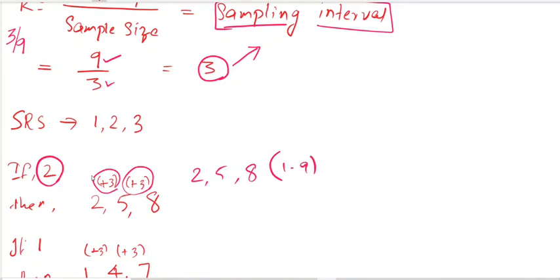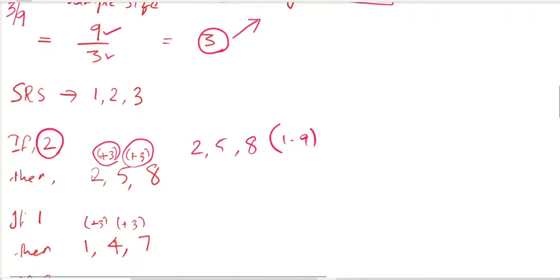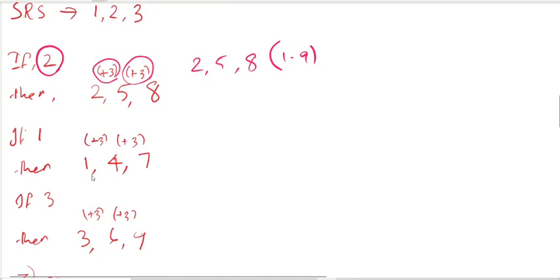Suppose when we are doing a simple random sampling within the sampling interval, if we get 1, the same scenario will be followed: 1 plus 3 is 4, 4 plus 3 is 7. So we'll be picking 1, 4, 7 between 1 and 9.